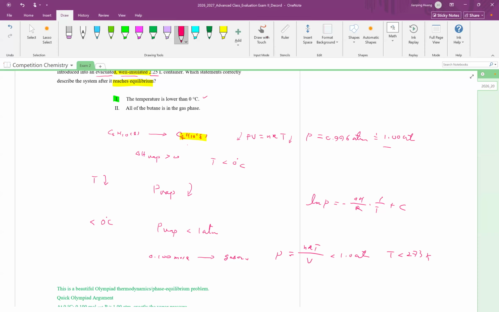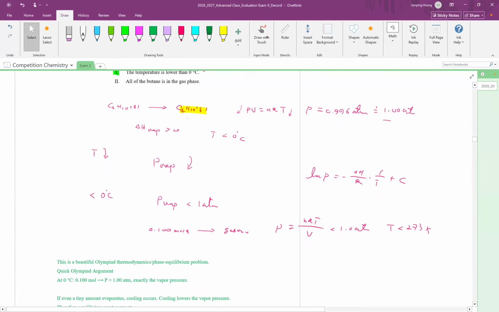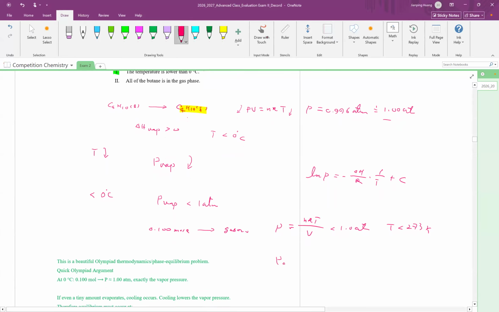So in this case, the gas cannot remain in the vapor. Why? Based on the definition, P gas would have to equal P vapor pressure at that T. So the conclusion is that not all butane is in the gas phase.